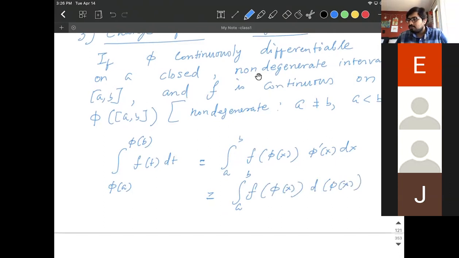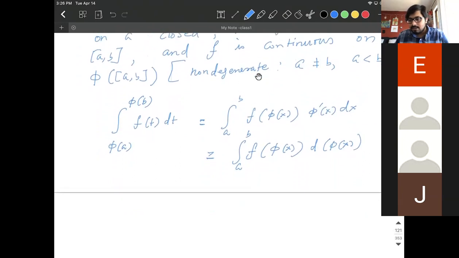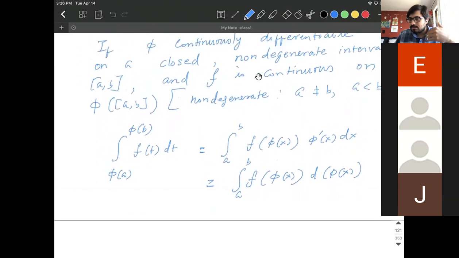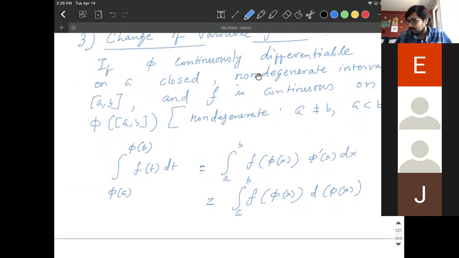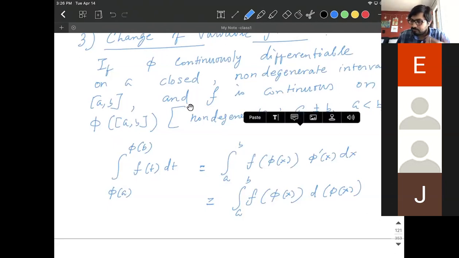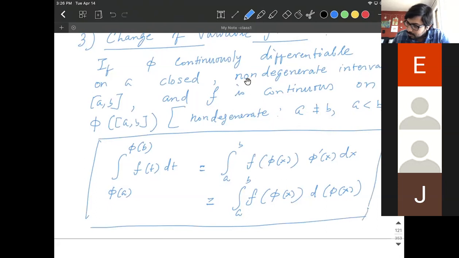So what it says is that the integral doesn't depend on this change of variable. Whether you integrate f of phi x on this interval AB, or you integrate f on this interval phi of A to phi of B, the value remains unchanged. That's the most important thing, and that's what this change of variable formula tells you.